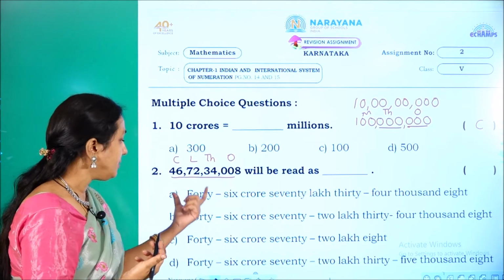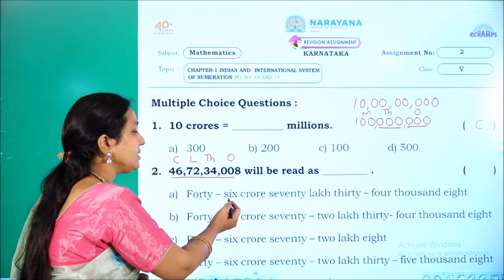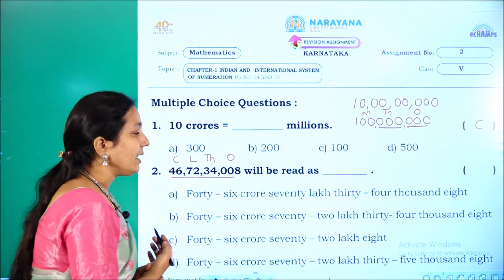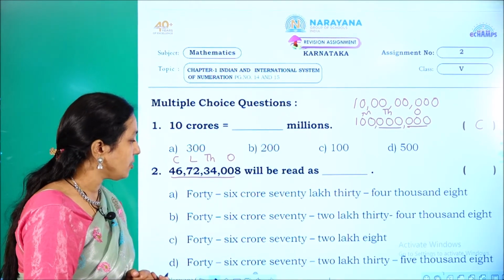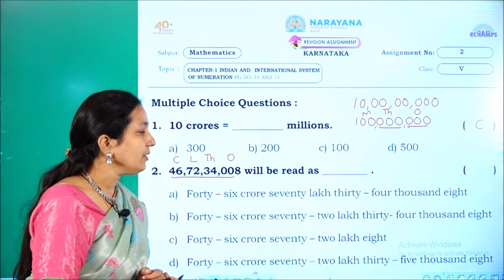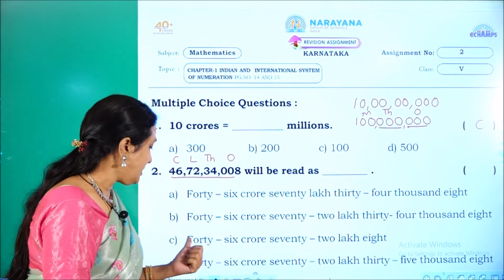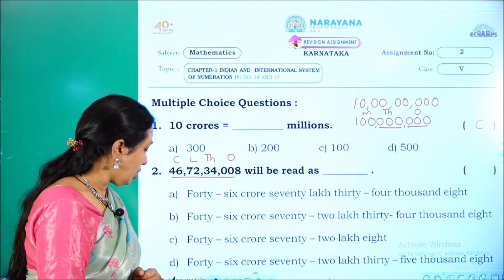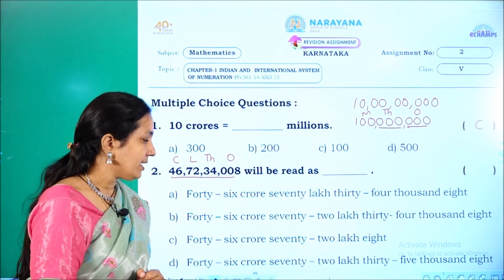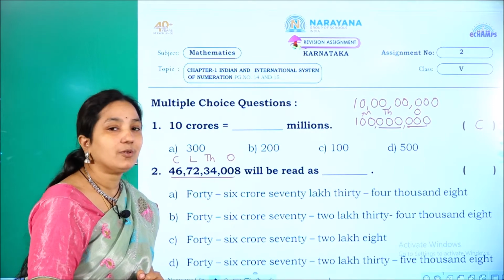So here the given options are: option A is 46 crore, 70 lakh, 34,008. Option B is 46 crore, 72 lakh, 34,008. Option C is 46 crore, 72 lakh 8. And option D is 46 crore, 72 lakh, 35,008.